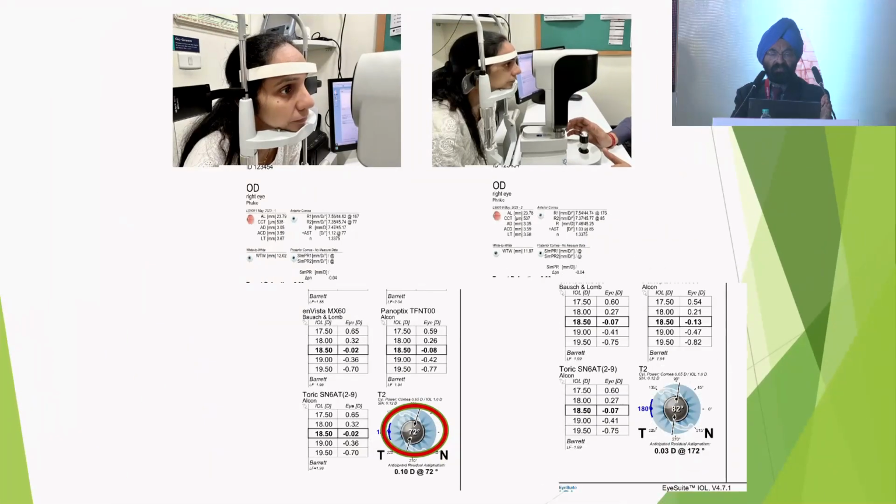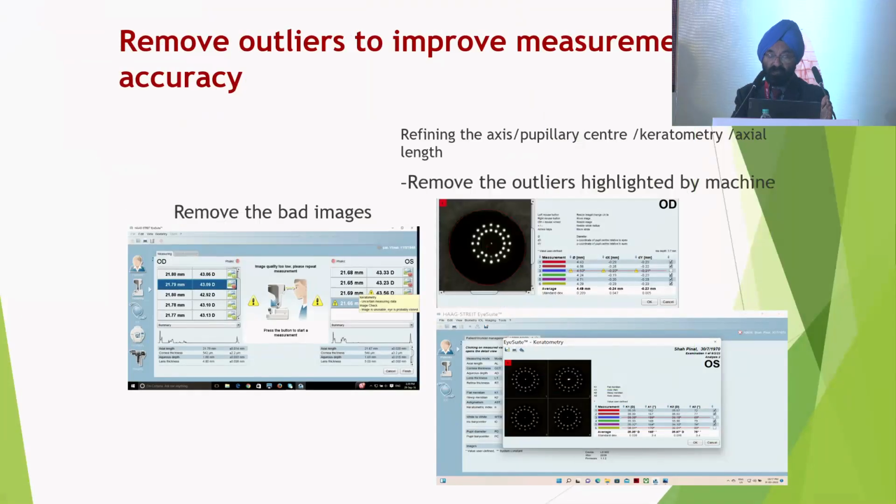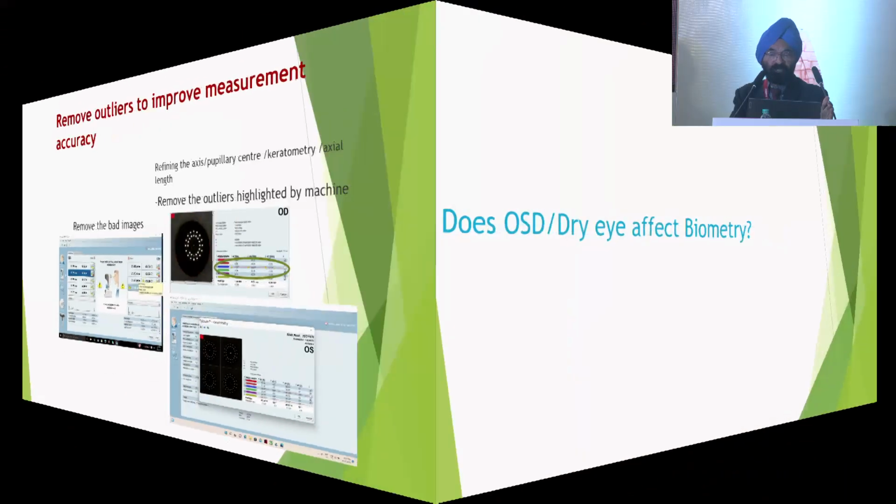Like here, once you corrected the head tilt, the axis changed from 72 degrees to 82 degrees. That's a significant error which would have accrued if we had not paid attention to this. Remove outliers which are highlighted by the machine to improve measurement accuracy.